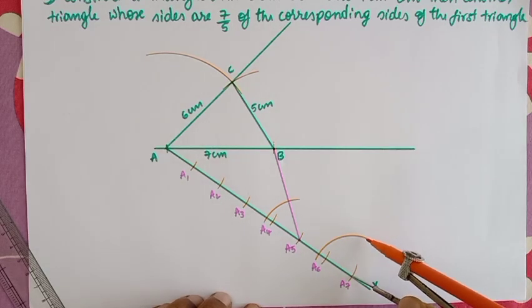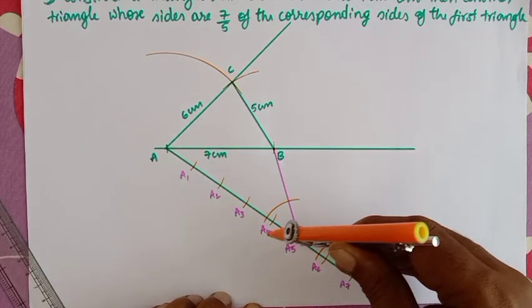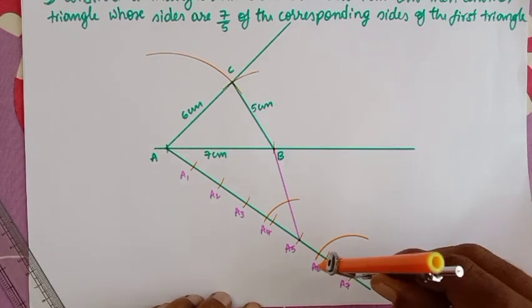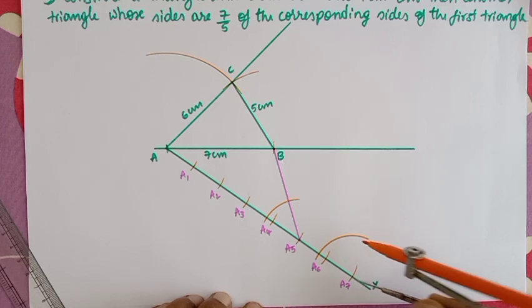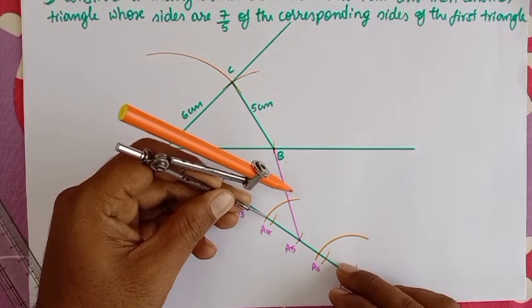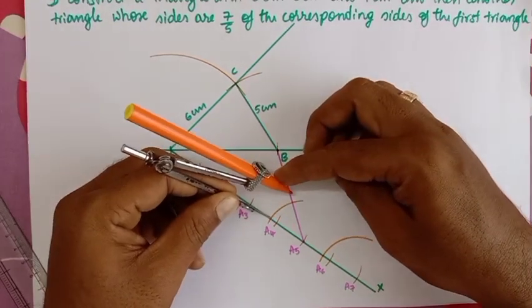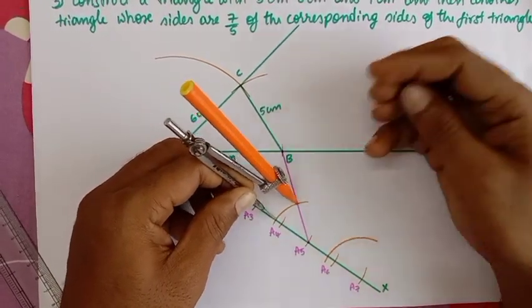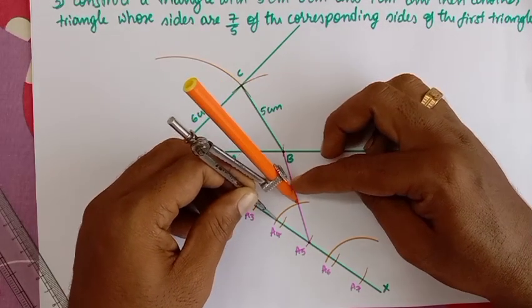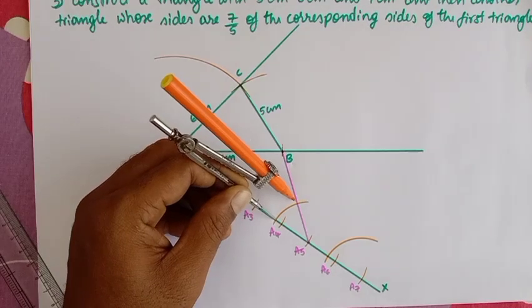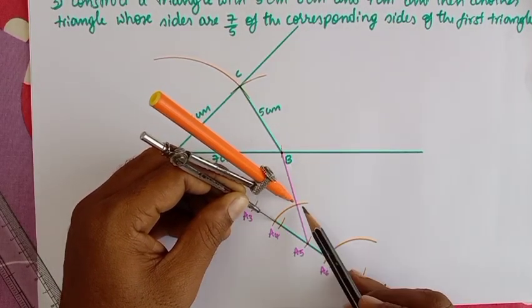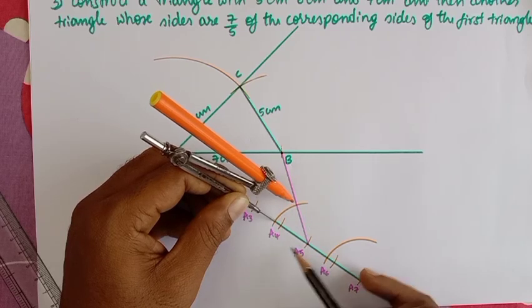You see here we are cutting an arc from A5. With the same length we are cutting an arc from A6. And then afterwards we should take the same compass and a pen and we should adjust the point of intersection of the line A5B with the arc that has been constructed from A5.